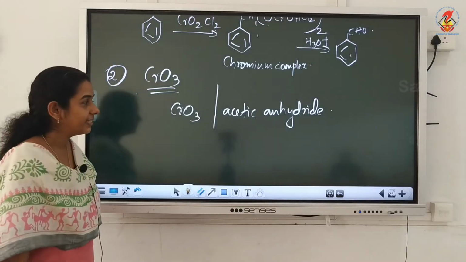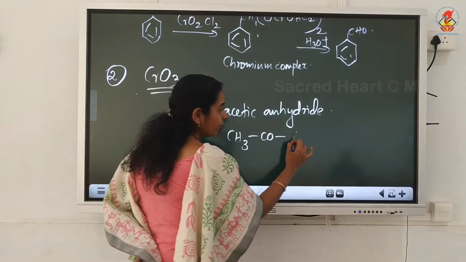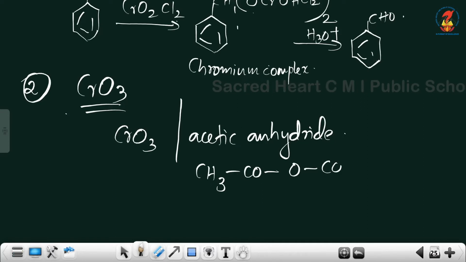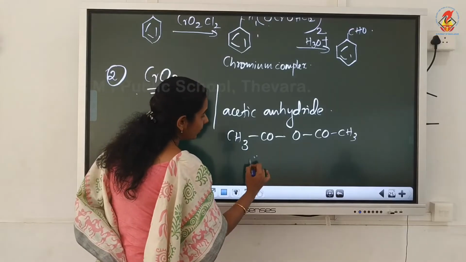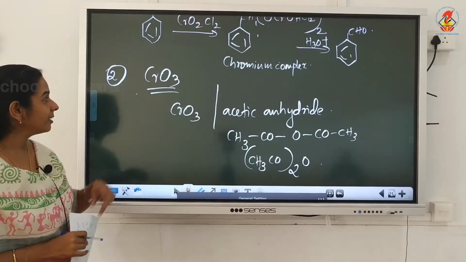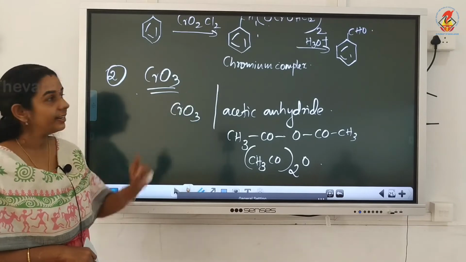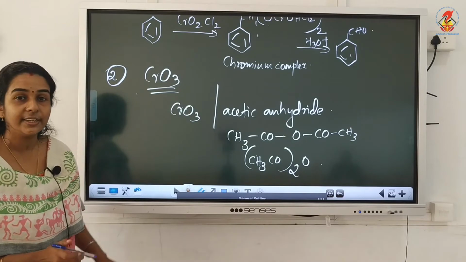What is the formula of acetic anhydride? CH3CO, and COCH3 is repeating 2 times, so as a condensed formula we can write (CH3CO)2O. So we oxidize methyl benzene to benzaldehyde by treating with chromic oxide in the presence of acetic anhydride.